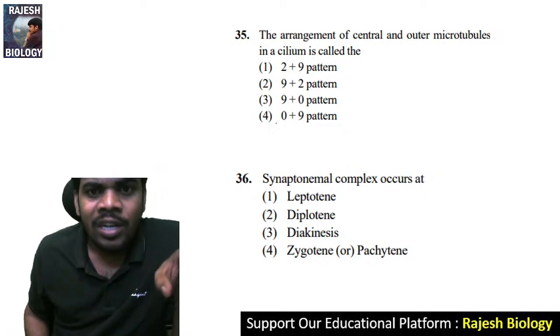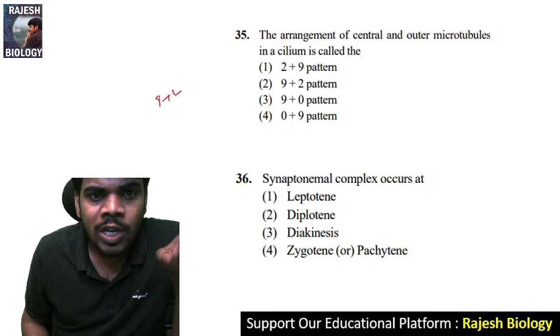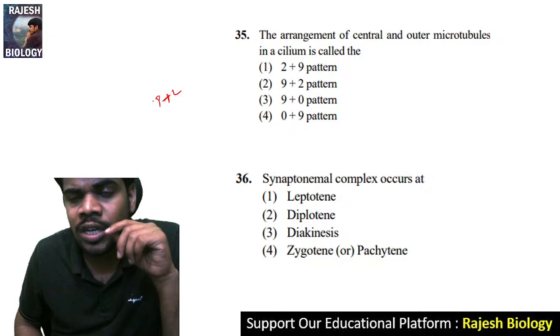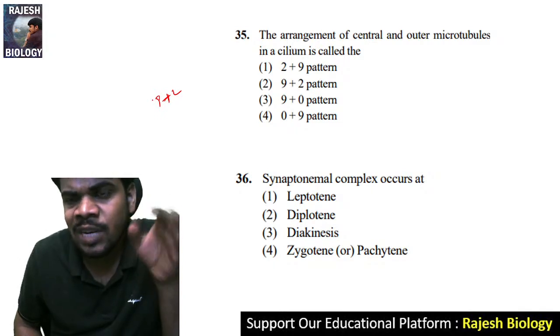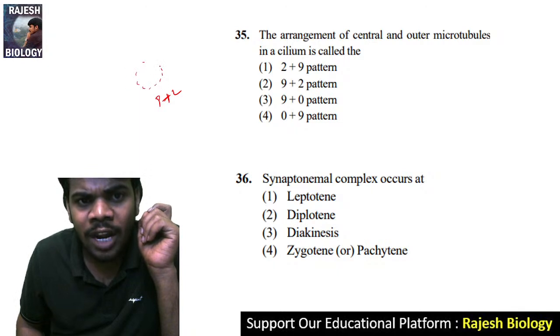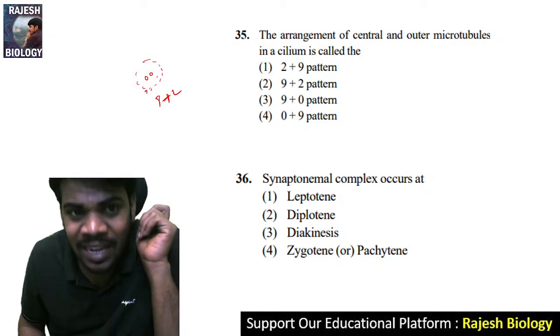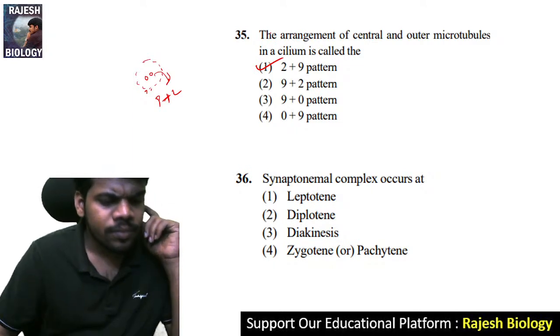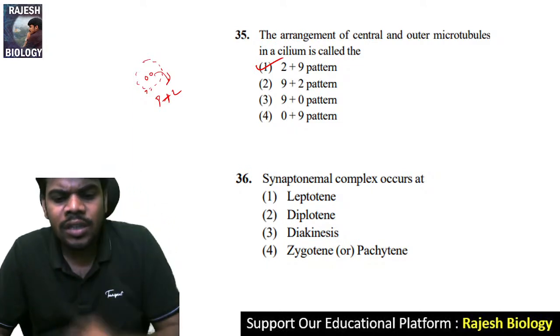Yeah, Jnaneshwari, actually it is called 9 plus 2 arrangement. We hear this in zoology also at the time of the structure of flagellum and cilia. Outer 9 doublets, central 2 singlets, that's why 9 plus 2. But here they ask central and outer, so 2 plus 9. Next, 36th question.